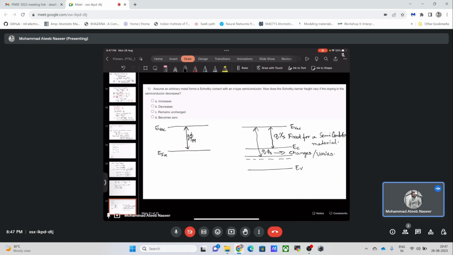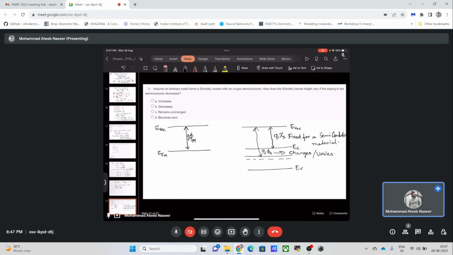Just remember the charge transfer rule, and the Fermi levels will be aligned in thermal equilibrium. The Fermi level has to be continuous across both the materials when we are considering thermal equilibrium.